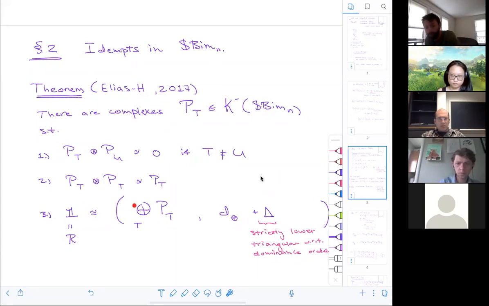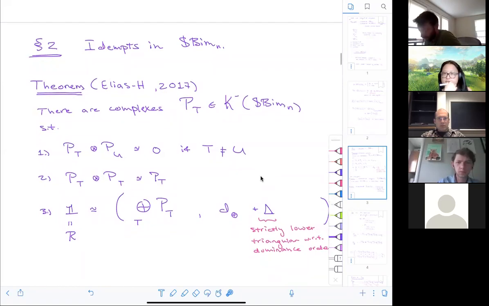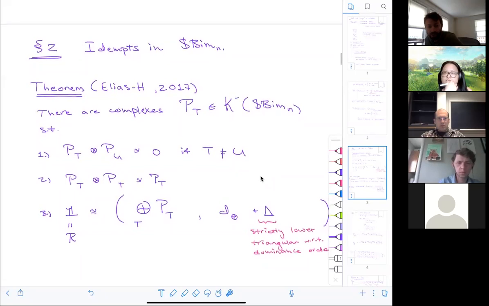You take the direct sum of all the PTs, and each PT has some differential internal to it, but you don't want to just take the naive direct sum. You want to take the naive direct sum and then turn on an extra part of the differential, which is strictly triangular with respect to some natural order on tableaux. And this direct sum with that extra little differential collapses down to the identity bimodule. So we'll see an example of this on the next little page.